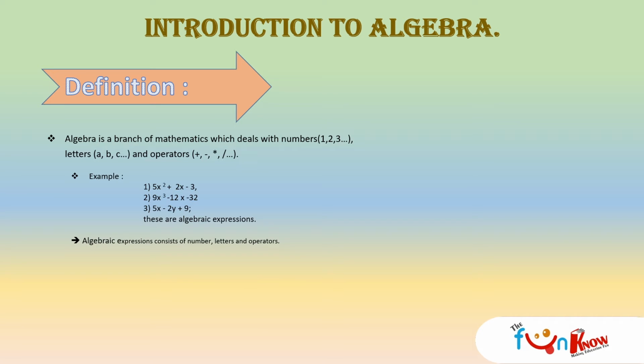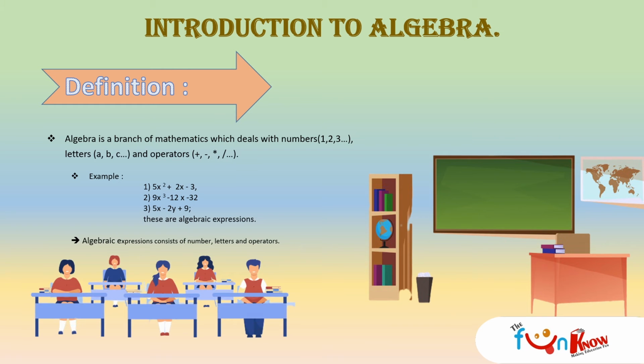Now, let us again have some small examples of algebraic expression. See, a number, letters and operator. Here, 1 is a number, 5 is a number, plus is an operator, x is a letter. So this is how all algebraic expressions look.